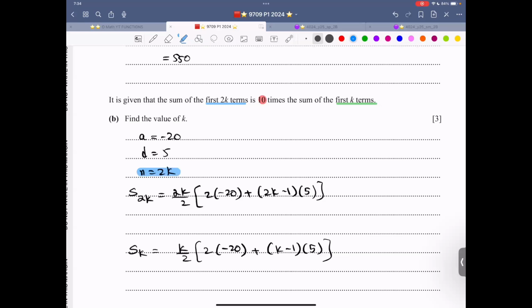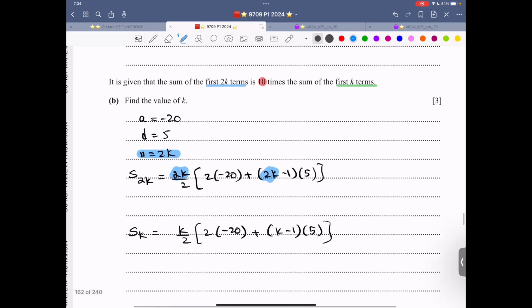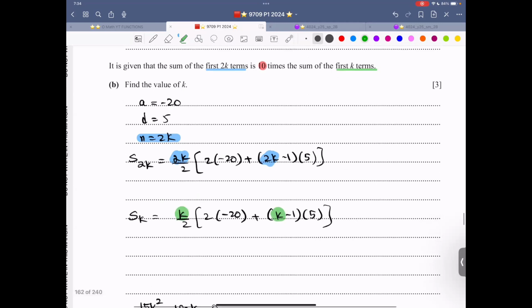If k is 5, 2k is 10. If k is 7, 2k is 14. So basically, in place of n, you write 2k. In place of n, you write 2k. Got the idea? That is sum of 2k terms. And then sum of first k terms. So you write k over here, you write k over here in place of n.